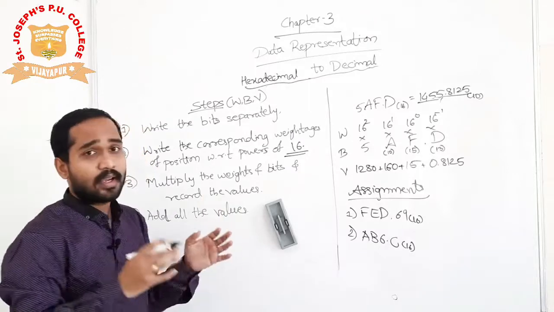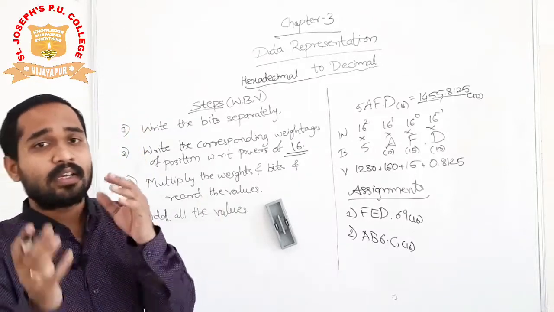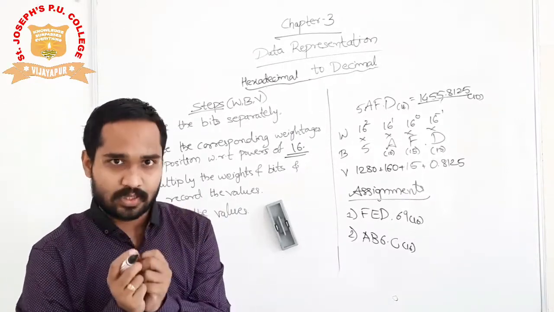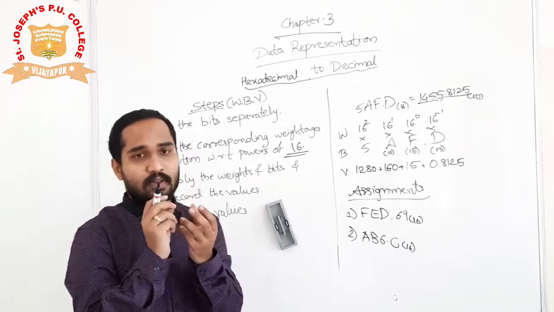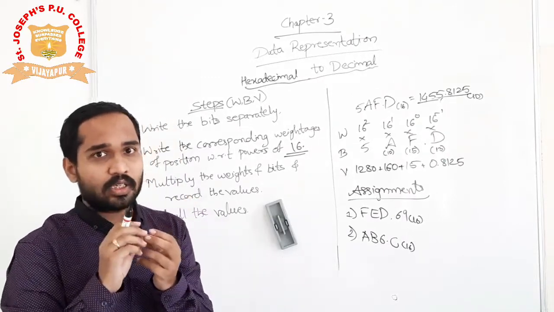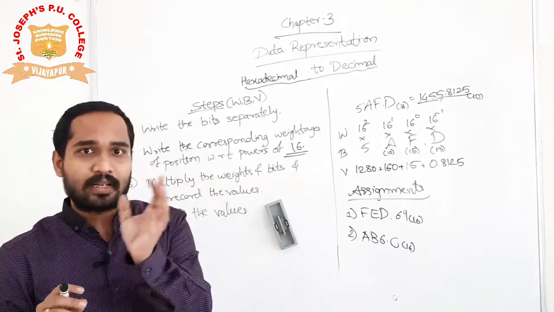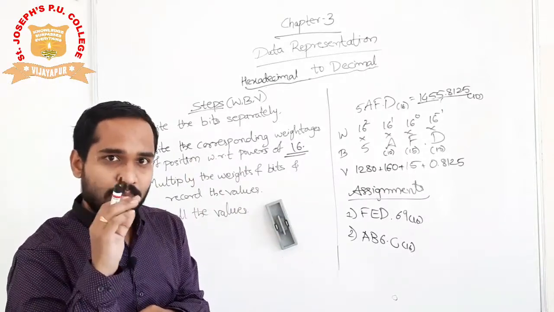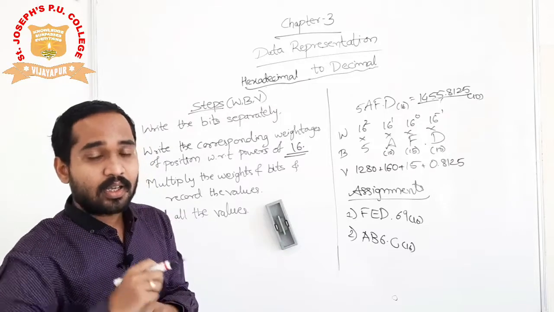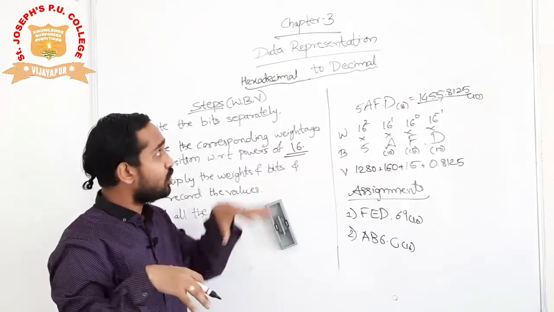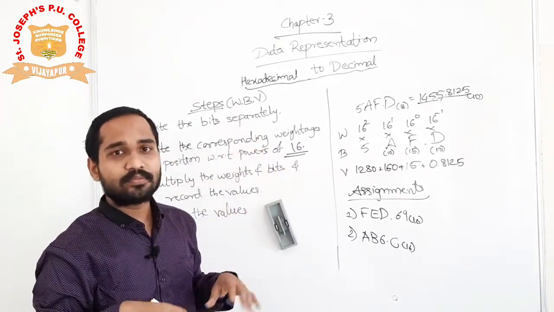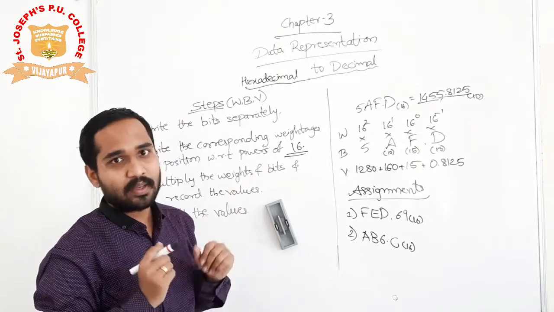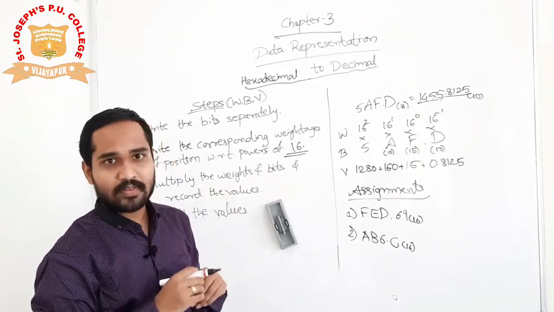Now this completes the concept of number system conversions. We already have studied decimal to other number systems, using which method? Factorization method. Other number systems to decimal, using the WBV method. These two we have studied.